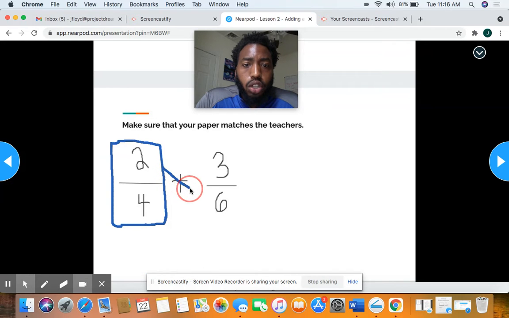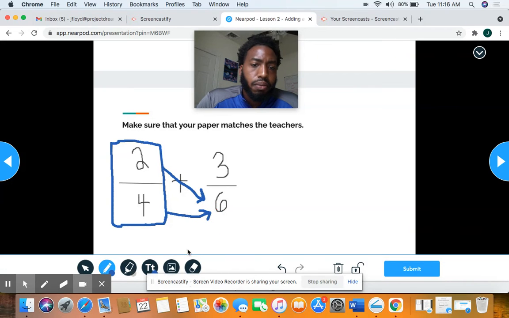And we're going to draw 2 arrows, both pointing at the denominator of the other fraction. I have 2 arrows drawn here, both pointing to the denominator of the other fraction.